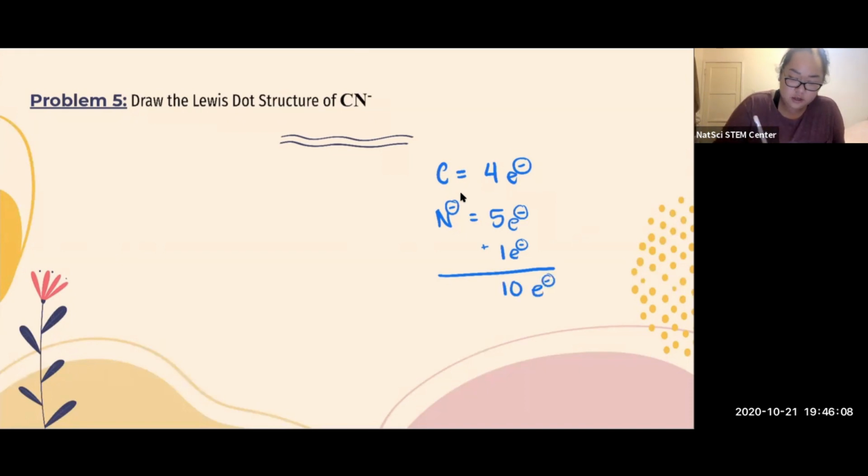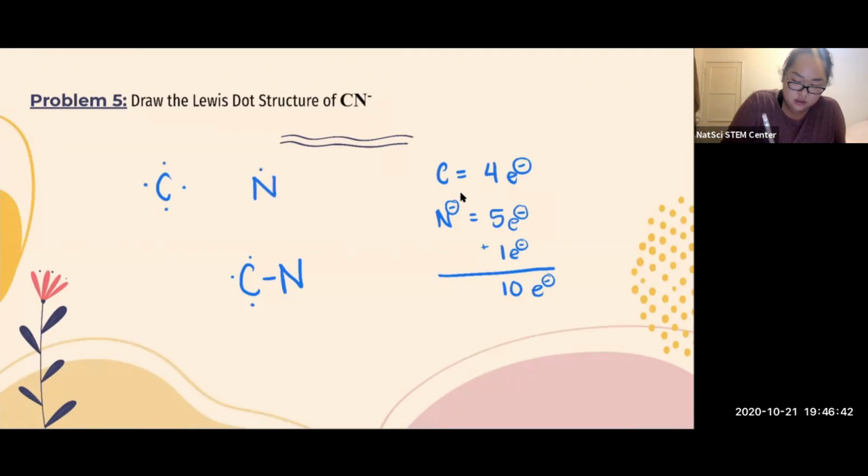So with those 10 electrons, you're going to write carbon and nitrogen. And then you'll draw 1 bond. Let's see. Carbon has 4, right? So it can form another 3 bonds if necessary. And nitrogen, let's draw nitrogen alone.